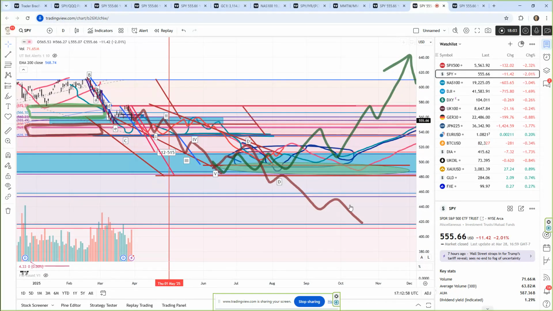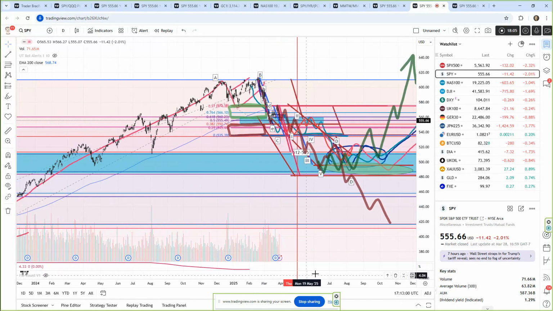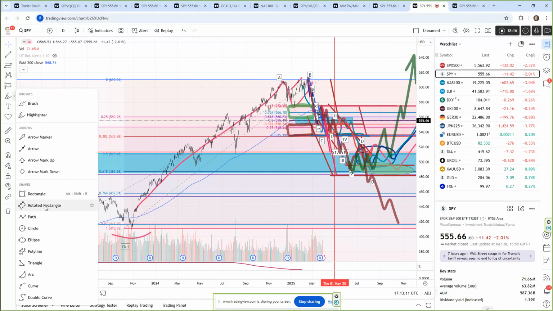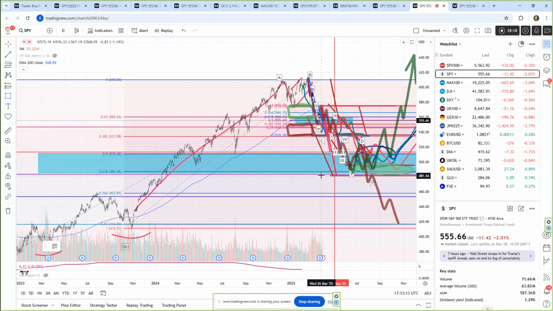Now, why am I believing that we're only going to get an A, B, C move down? And that is because unless we get below this 485, call it 475, 485 area, which is right here, call it 470, 480.